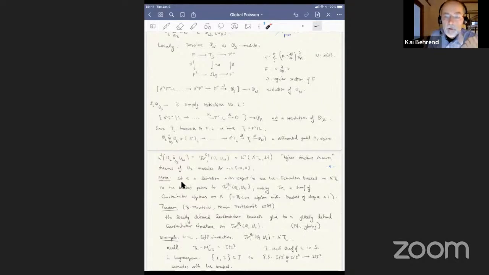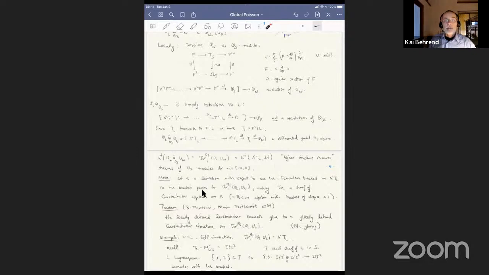Now we notice something special here. This df is a derivation with respect to the Schouten bracket. The Lie bracket on TL extends to the Schouten bracket on this algebra, and df, because it's a closed one form, is a derivation with respect to that bracket.